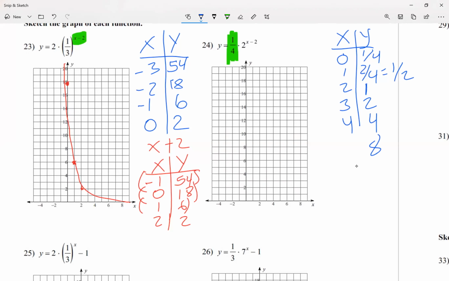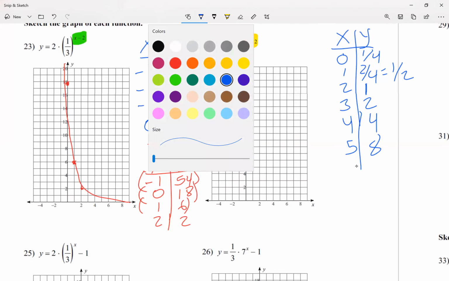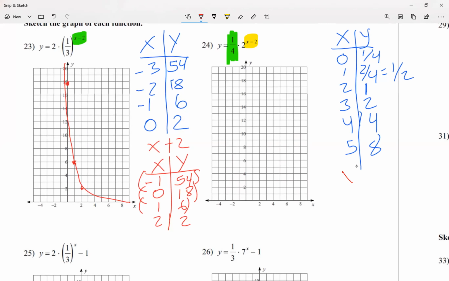And as a matter of fact, let's get the next point, 8. Okay, now on my x value, let me highlight this. It says x minus 2. So I'm going to go opposite. On my x values, let me add 2.